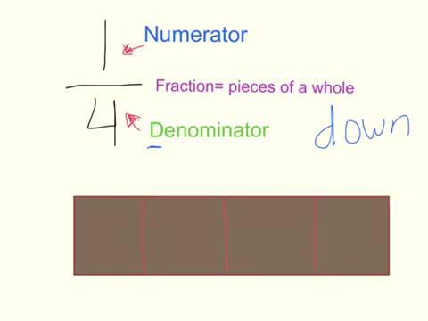So I had to split it into 4 equal parts. And then I gave her 1 of the 4 parts. Oh, we're going to say I gave her this part. 1 out of 4 parts. So when I ask you the question, how much of the candy bar did Zoe get to eat? Well, she got to eat 1 out of 4 parts. And we say that fraction as 1/4. So we say 4 as fourths.